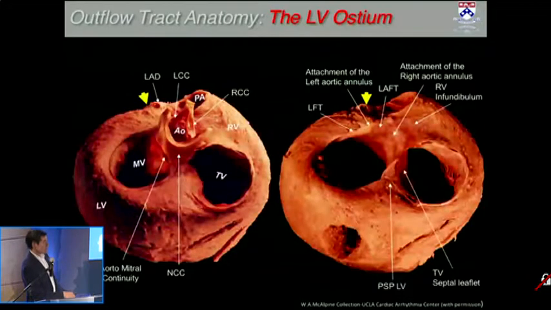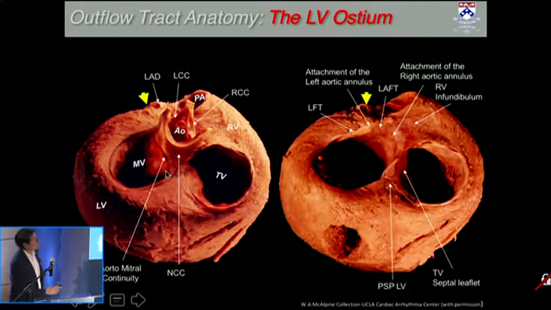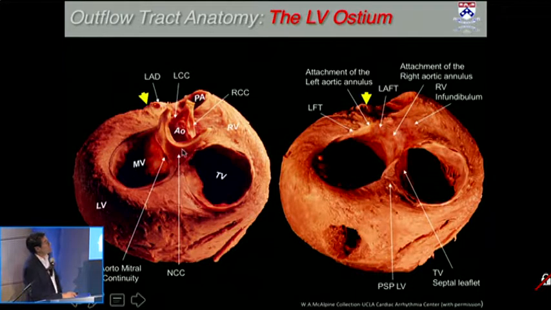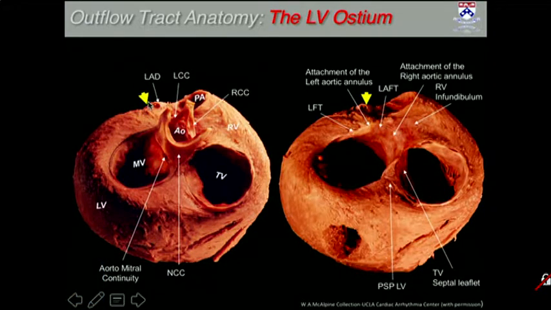If you look at the heart from the base, you see the LV summit, which is what is being marked by the yellow arrow. This is the LAD here, and it comes down this way. This is the vein around the mitral valve.